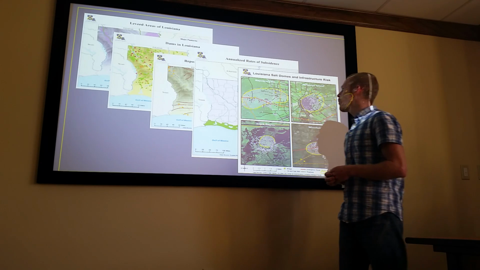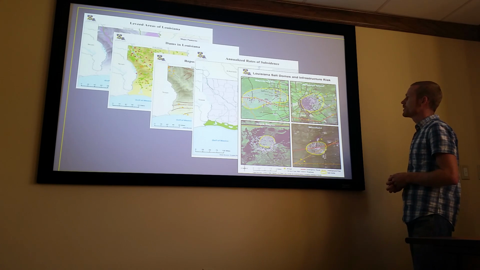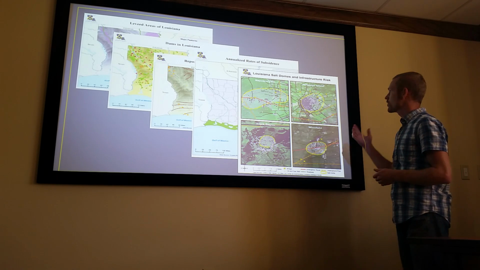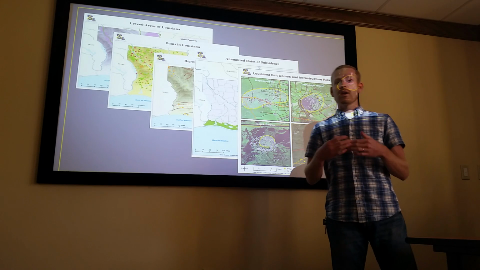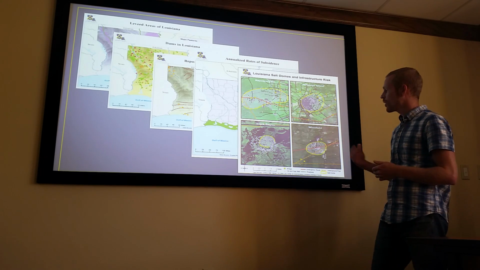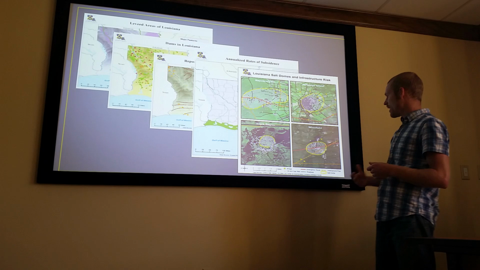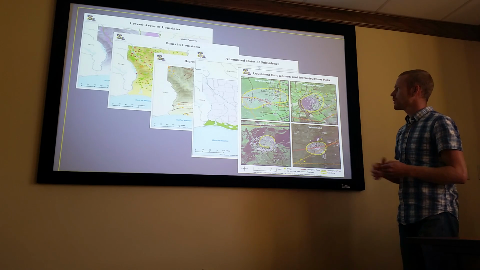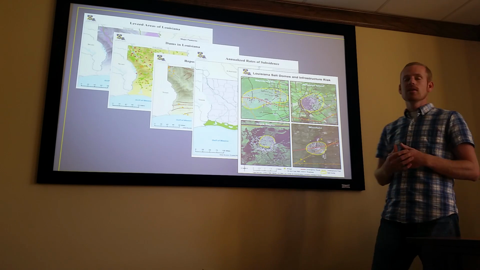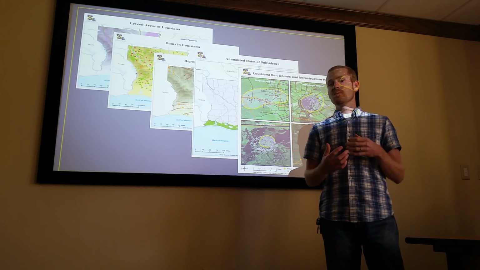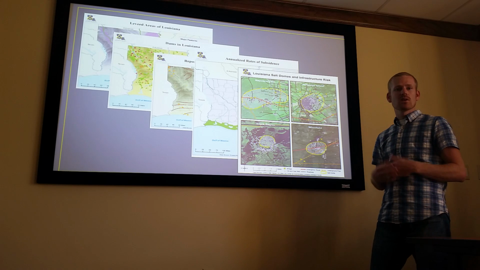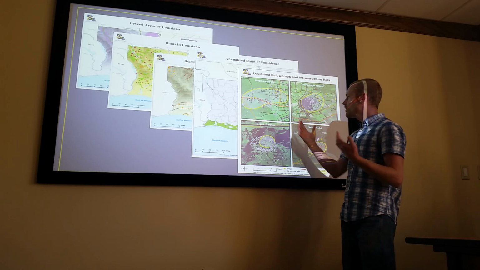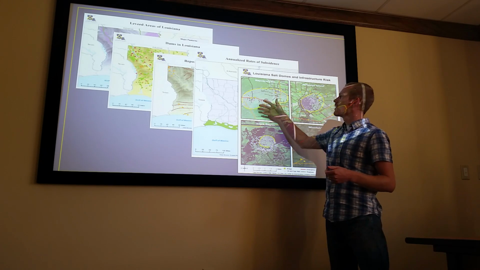We also mapped the infrastructure risks. So we have this infrastructure database that shows bridges, oil and gas wells, emergency routes, roads, and several other things on these maps to see what intersects these salt domes, what's on top, what could be at risk if we have a Bayou Corne type incident.